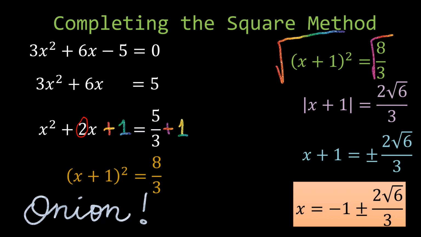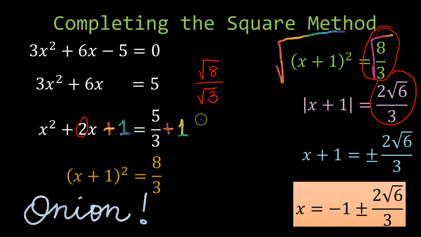And you may say, wait a minute. How did square root of 8/3 become 2 square root of 6 over 3? We do what we call simplify and rationalize. Square root of 8 over square root of 3. Square root of 8, we know, is 2 square root of 2. We've seen that before, over square root of 3. In order to rationalize, we would multiply by 1.